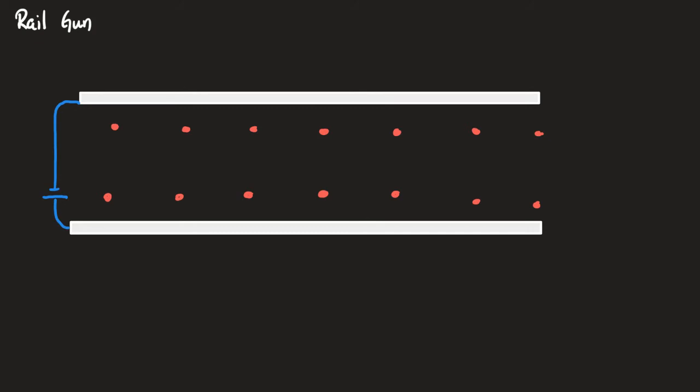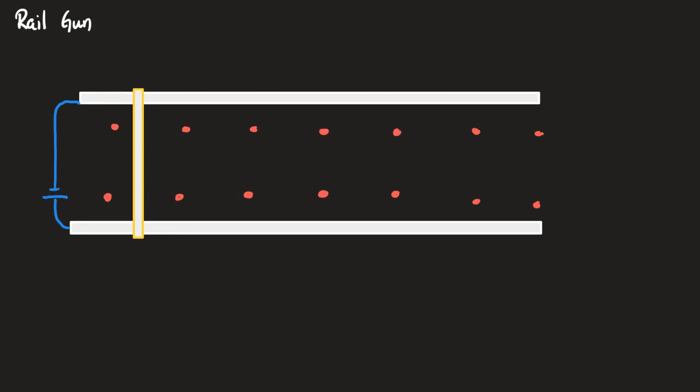Because your projectile has to have a way of staying fixed to the track or to the rails. Now, the projectile doesn't have to be much, but it does have to be a conductor. So the projectile usually, in an example like this, is just a flat piece of metal that is able to slide across the rails.